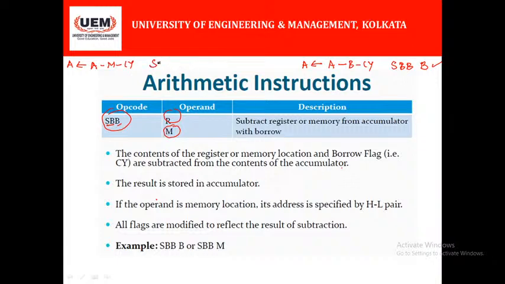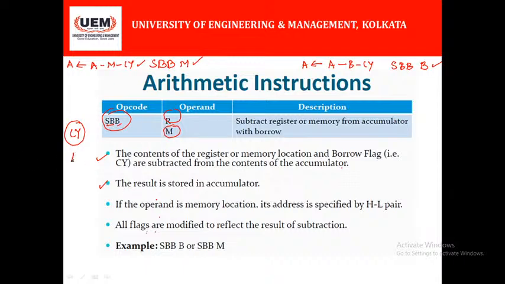So it is for the instruction SBB M. That means the value of the memory location and the carry flag are subtracted from the contents of the accumulator. The result of difference is stored in the accumulator, and the borrow, if it is generated, then it will reflect or modify the carry flag. Carry flag is also known as borrow flag.